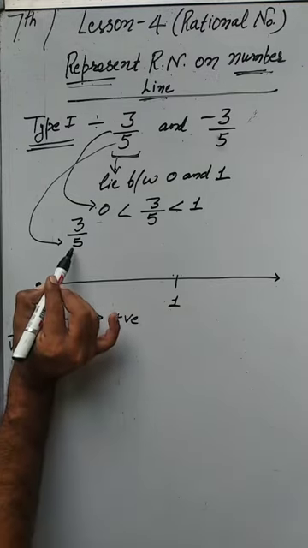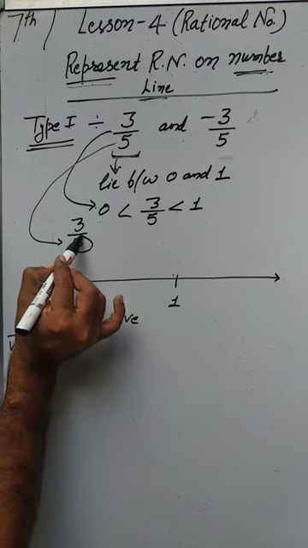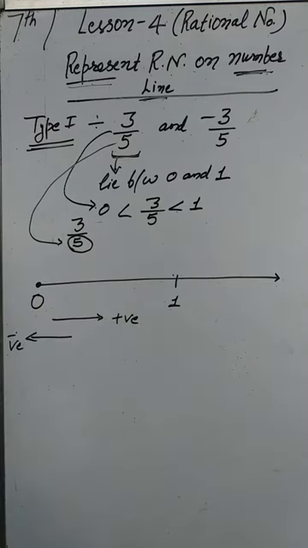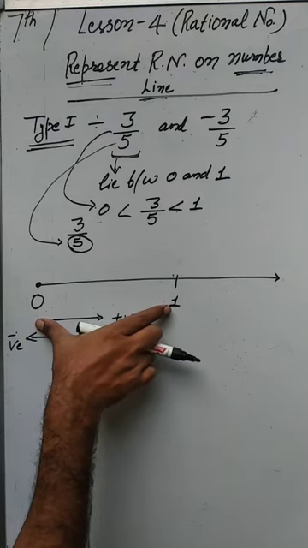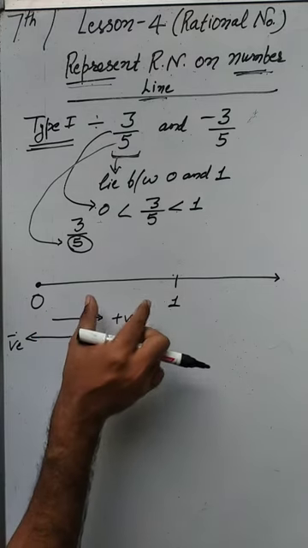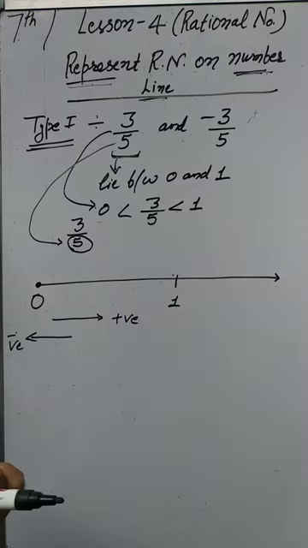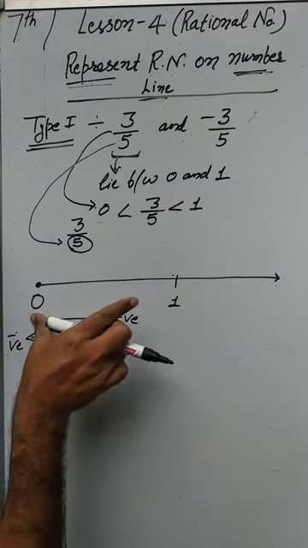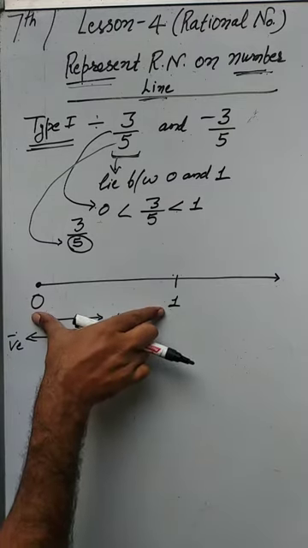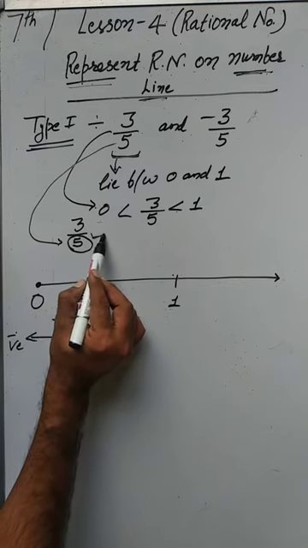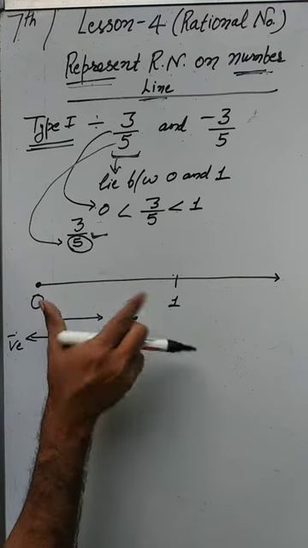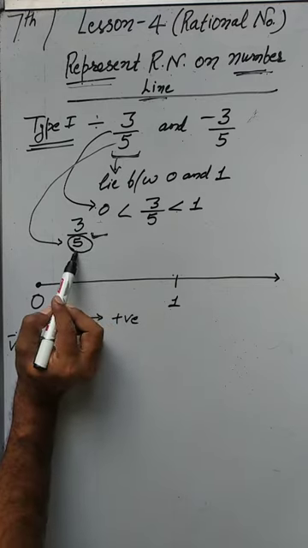But look at the denominator now. Denominator here is 5. So we will divide the portion between 0 and 1 into 5 equal parts. Whatever the denominator is, you have to divide the portion into that many equal parts.